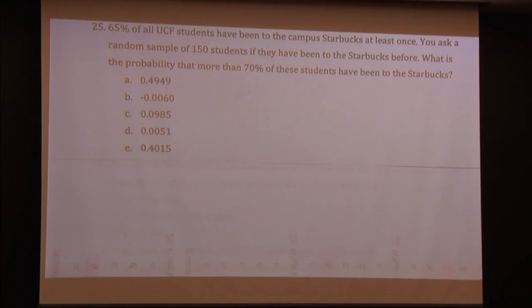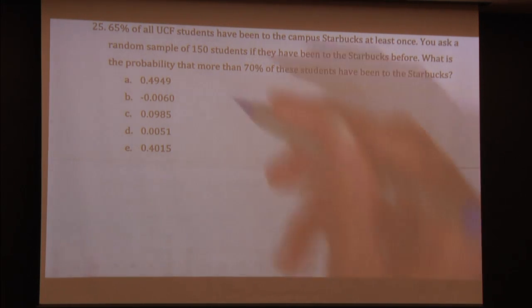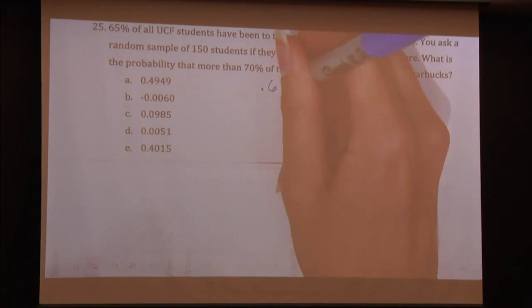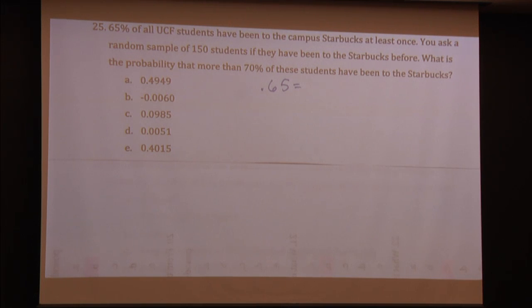What's the probability that more than 70% of the 150 students you ask have been to the Starbucks? So what does 65% represent?